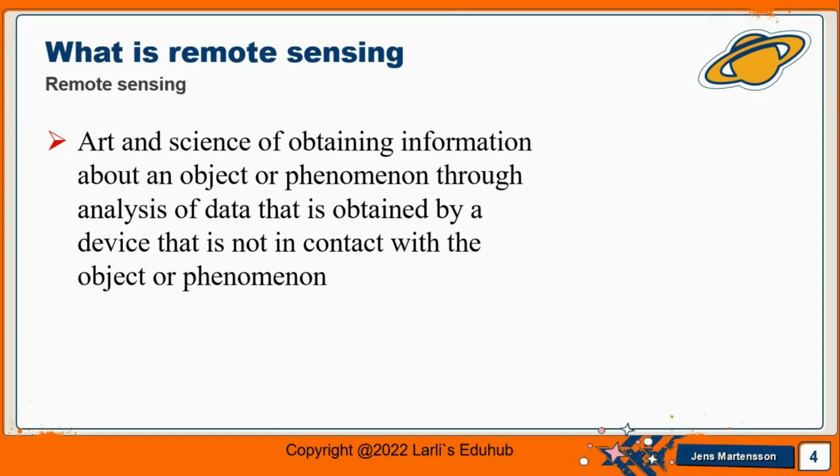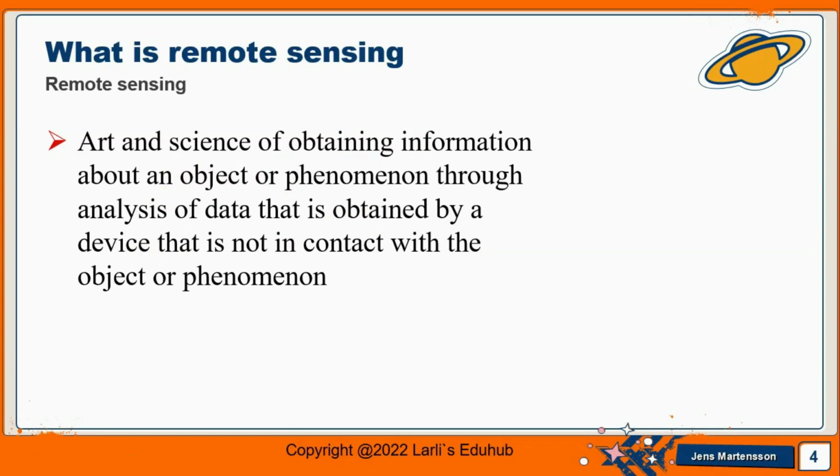This is a very nice definition, and you can classify this definition into three parts. It says it is the art and science of obtaining information about an object, which is the second one, through analysis of data, which is obtained by a device. Wow. So when we say art, what is an art?